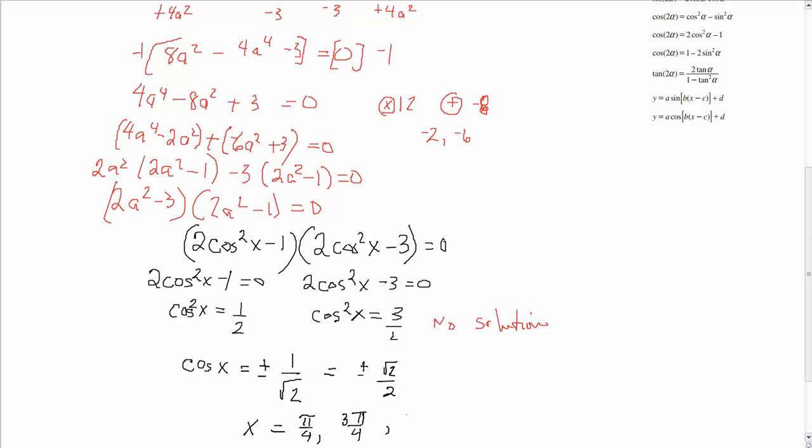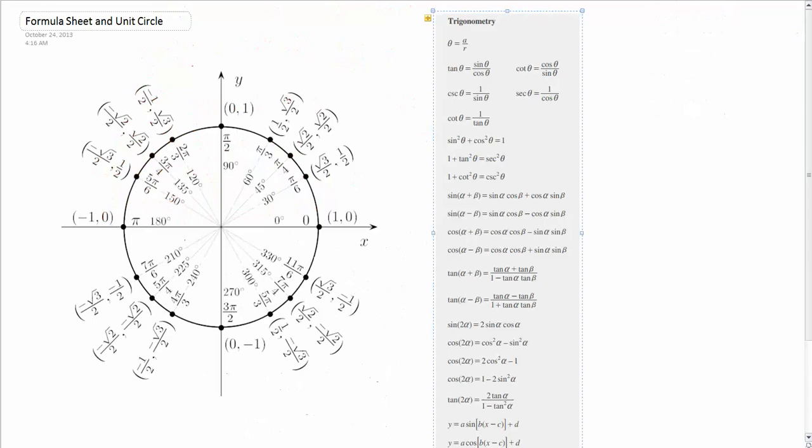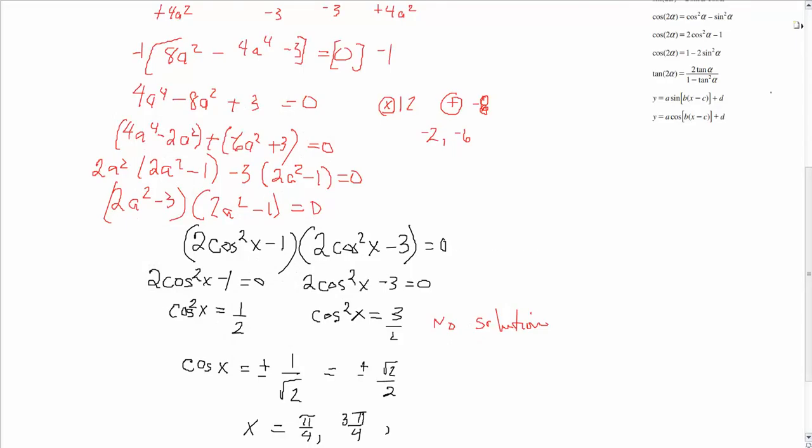So in just that first cycle or circle, we have pi over 4, 3 pi over 4, 5 pi over 4, and 7 pi over 4.